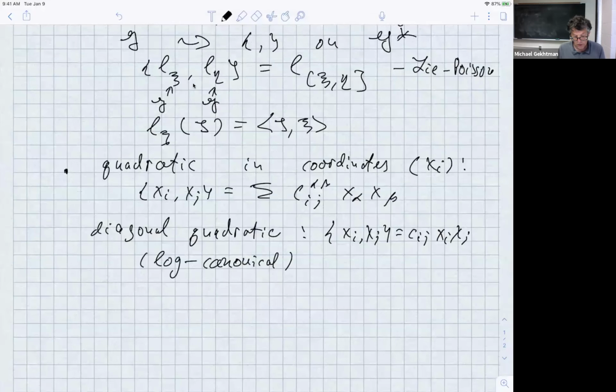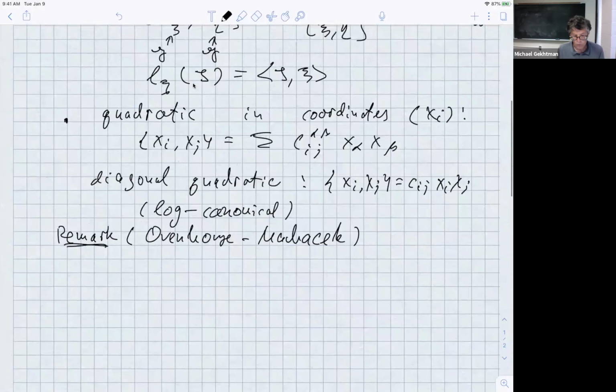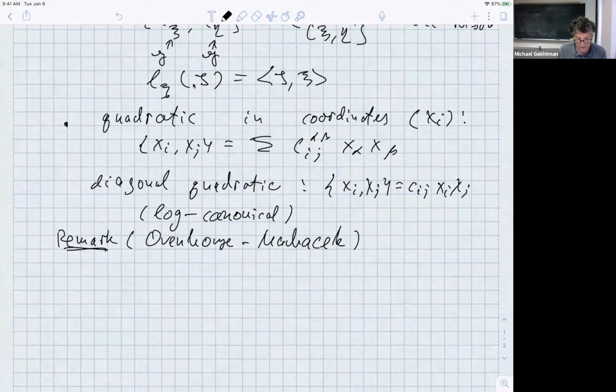All right, so already here there is an interesting, not very complicated, but interesting observation by Ovenhouse and Machacek that in some sense this diagonal quadratic log canonical bracket is the simplest possible quadratic Poisson bracket.